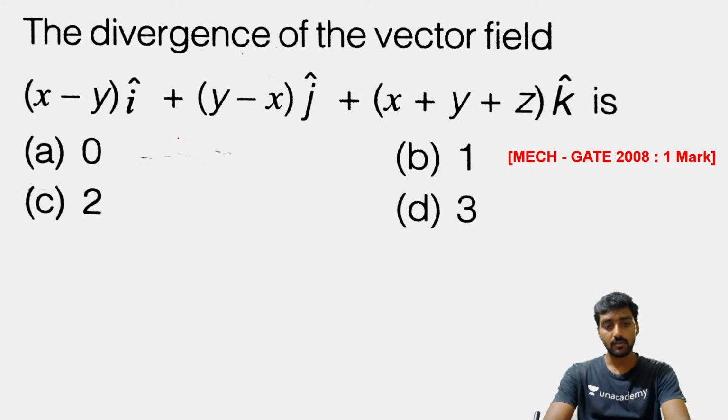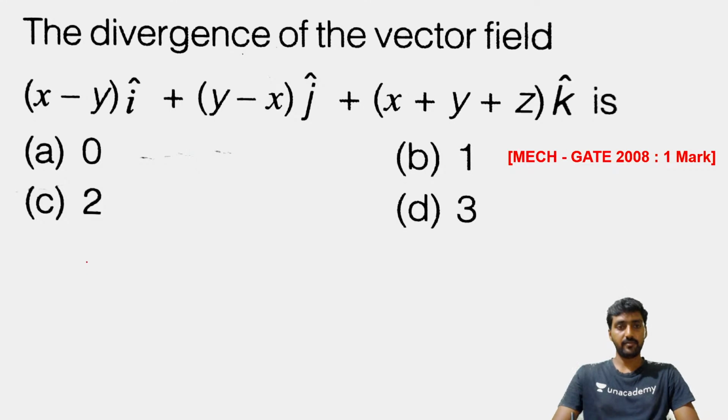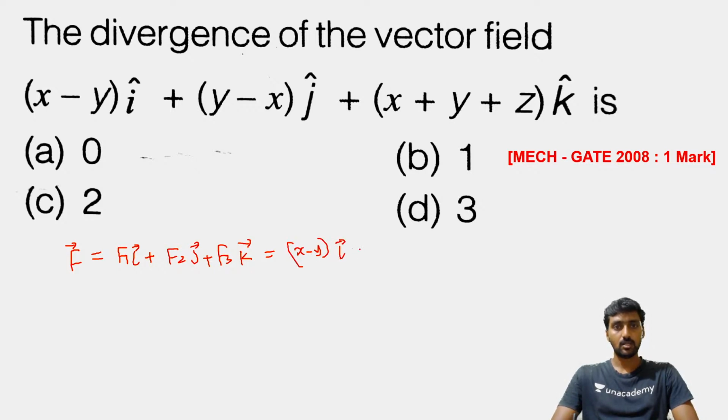Here they are giving f vector is equal to f1 I vector plus f2 j vector plus f3 k vector, equal to (x minus y) I vector plus (y minus x) j vector plus (x plus y plus z) k vector. What will be f1, f2, f3?